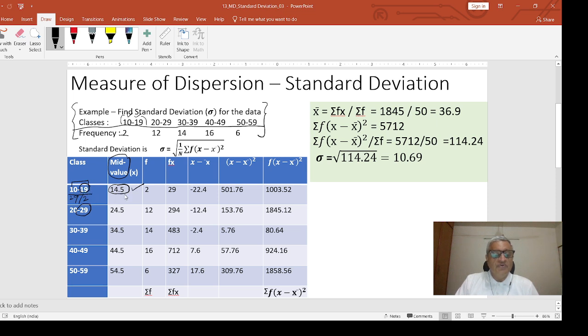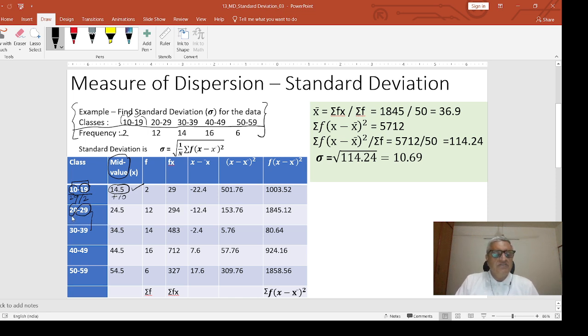In fact, even the difference between the lower limit of the second class and the lower limit of the first class is 10: 20 minus 10 is 10, 29 minus 19 is 10. Everywhere you will find that the difference is 10. So all you have to do is add 10 to 14.5 and you get 24.5. 24.5 plus 10 is 34.5.